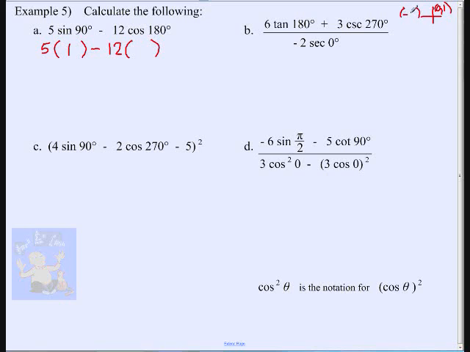It's a negative 1, comma, 0. So the cosine of 180, it's going to be negative 1 over 1, negative 1. So we can simplify that to 5 plus 12, correct? Our answer for this one would be 17.